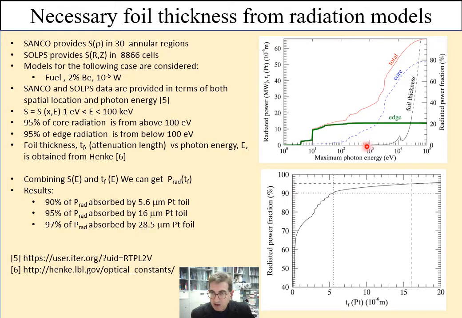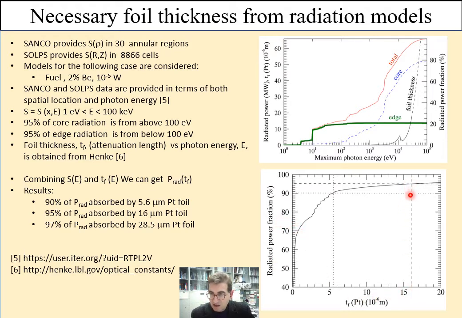And then also I've plotted the necessary foil thickness to stop a certain photon energy. If we combine those two sets of data, then down below here we can plot the radiated power fraction absorbed by a foil of a given thickness.